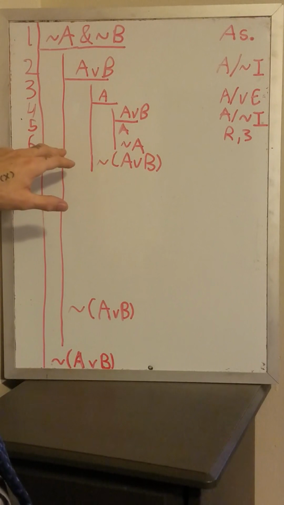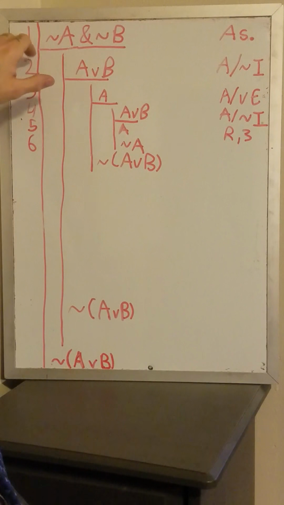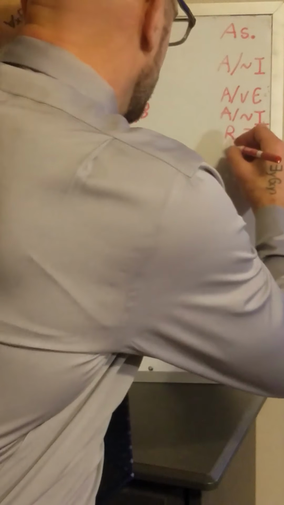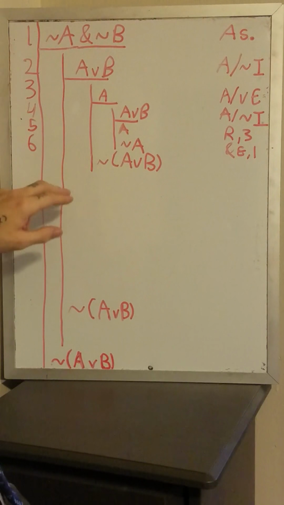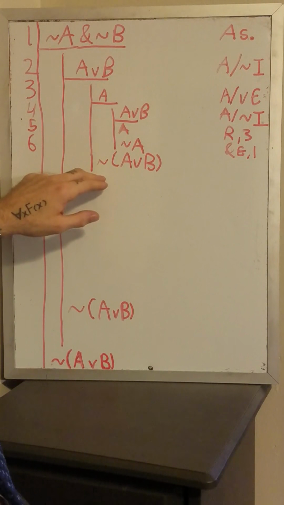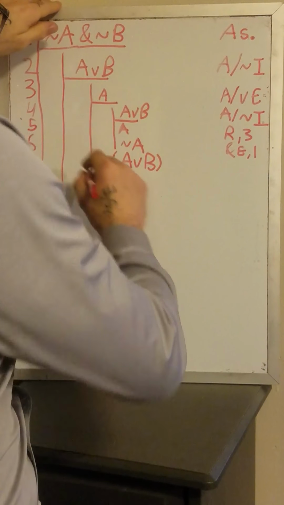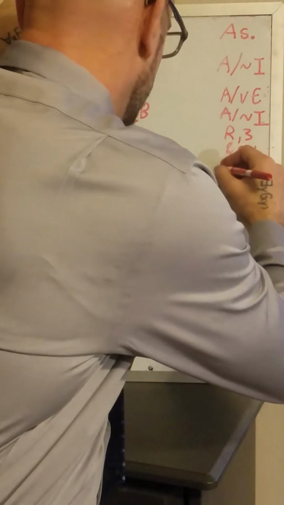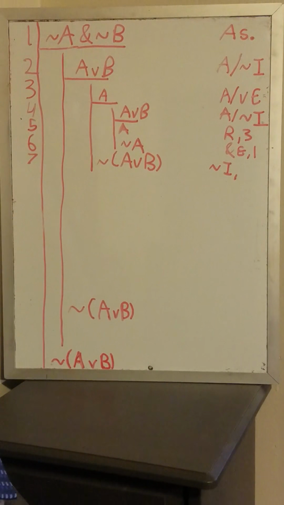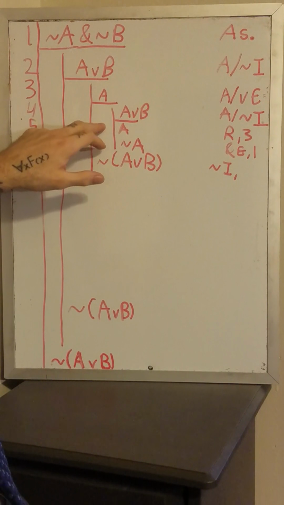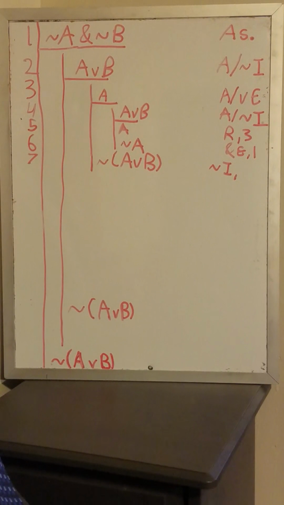Okay. Line 6 is conjunction elimination on line 1. And now we're able to conclude on line 7 not A or B by negation introduction, lines 4 through 6.